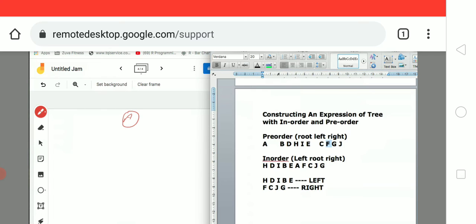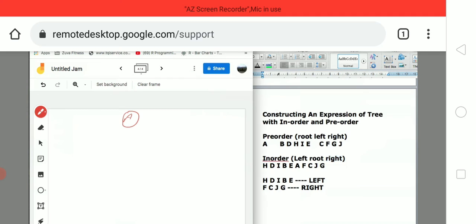Now we have to construct the root, and in these 5 elements the first element is B, so B is the root. And on the right side C is the first element, so that means it is the root. So now we can construct the children of A: C and B.